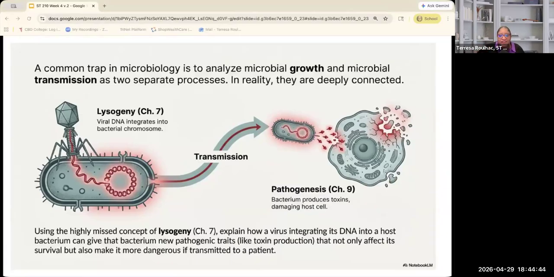We see infections that escalate quickly. We see outcomes that don't necessarily match the original contamination. Lysogeny is one reason why. Transmission is not just about movement, it's about what moves with it.